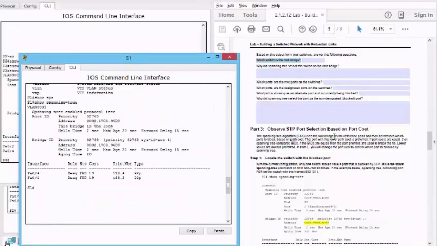And which ports are designated ports on switches?